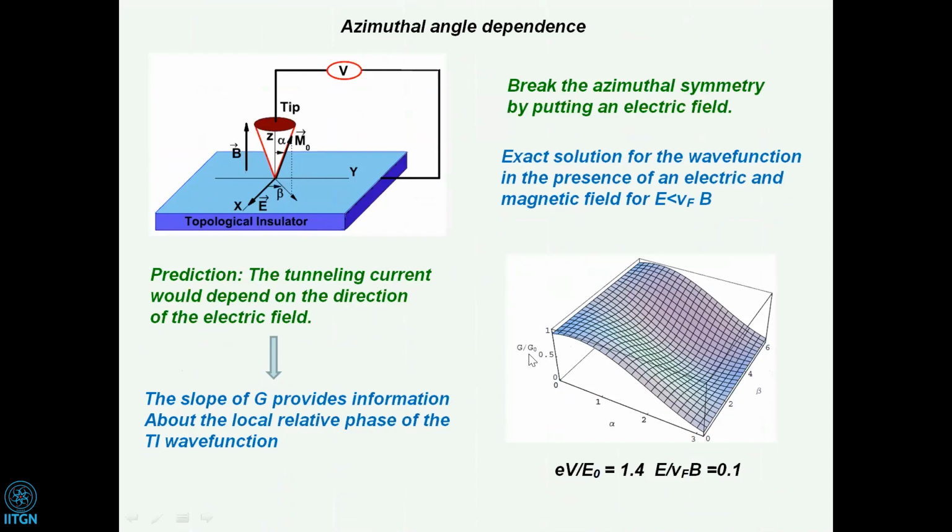So that essentially tells you that an electric field which is parallel to the surface and perpendicular to the tip, like here, is going to change the electron propagation from the surface to the tip, which is also very unconventional if you think about it. Normally, this doesn't happen. So essentially, this is another example of unconventional behavior of these electrons on the surface of a topological insulator.